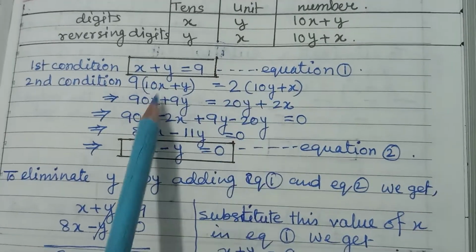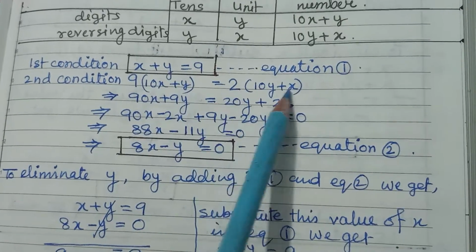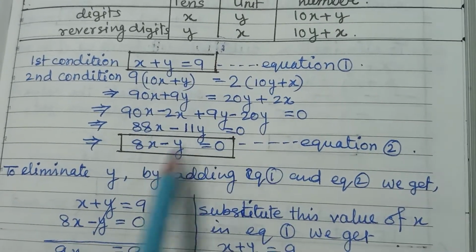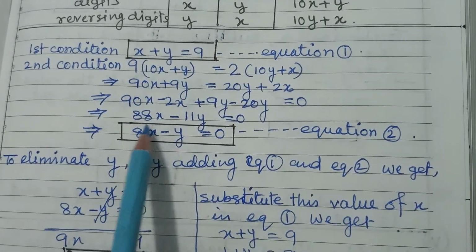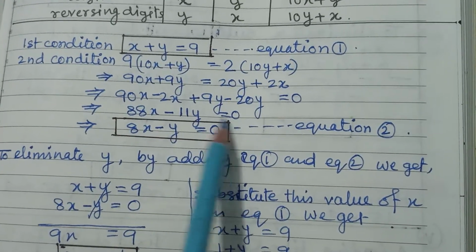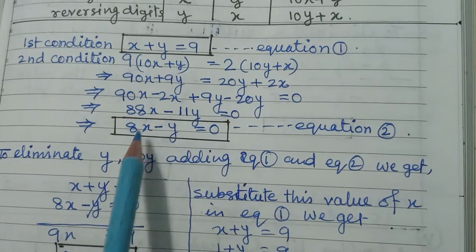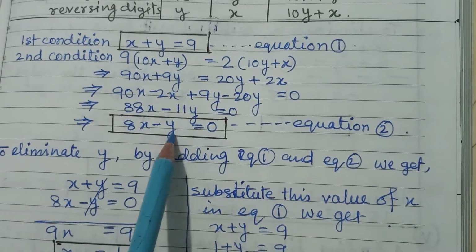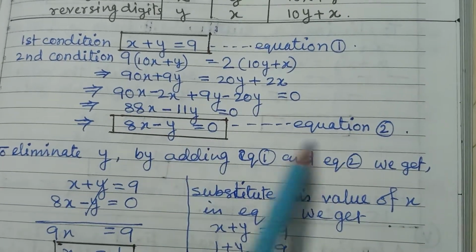From this condition, you multiply by 9 and by 2, then the equation comes 88x minus 11y is equal to 0. We can divide it by 11, so 8x minus y is equal to 0. It is equation 2.